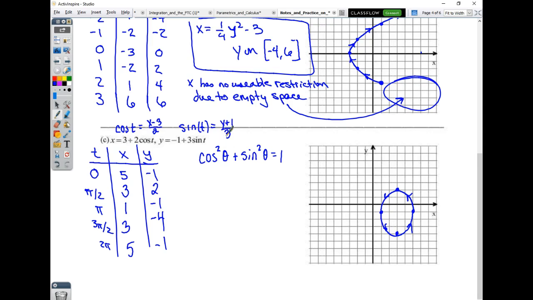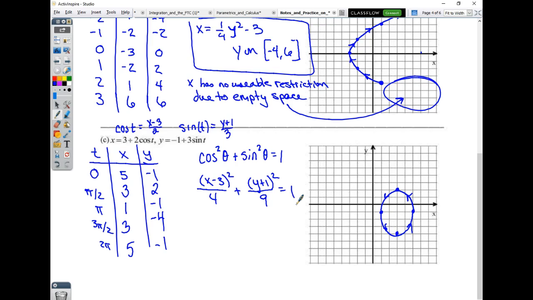Substitute. Whoops, not over 2. That's over 4. So all I did is I took and squared this. I left this as x minus 3 and y plus 1.